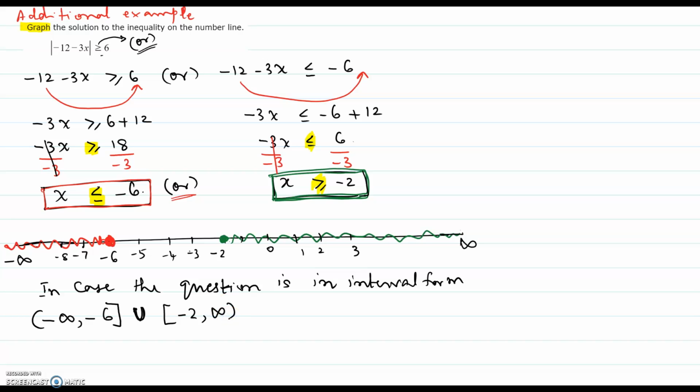This is the answer in interval form. In this problem they ask you to only graph the solution on the number line, so for this one, this is the answer. But in case they ask for the answer written in interval form, then you have to write this interval notation that is shown below. Hope this video helps.